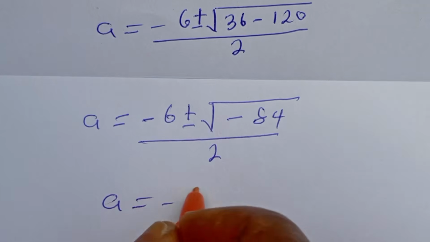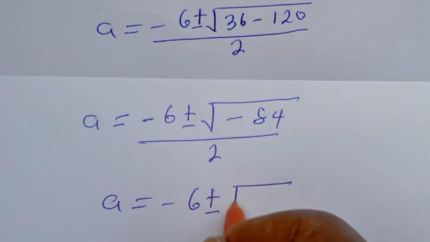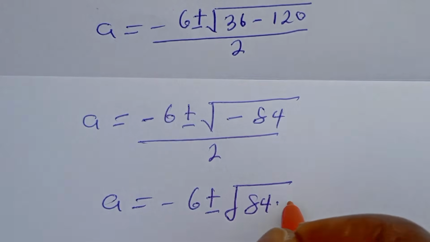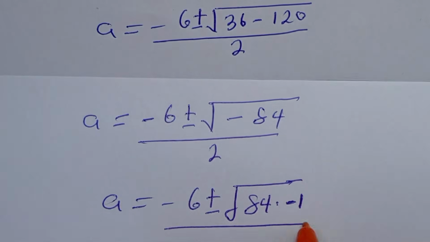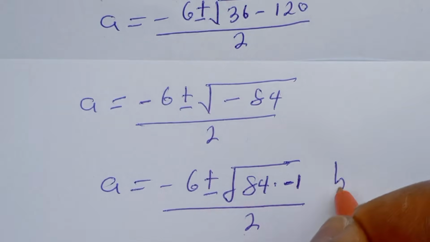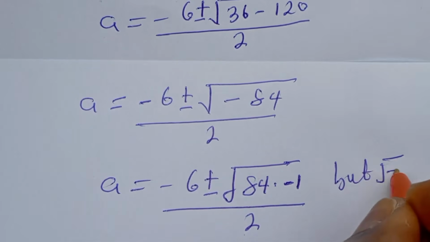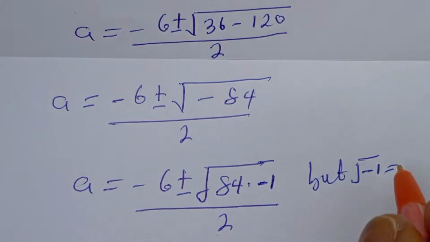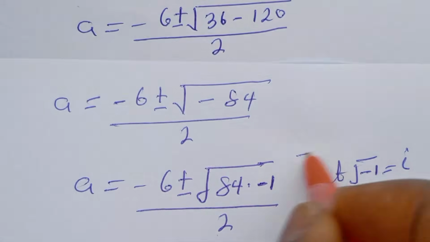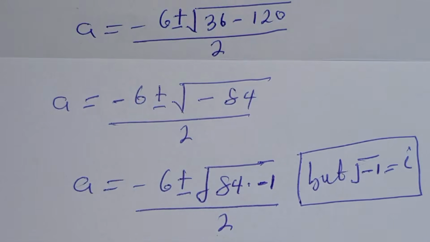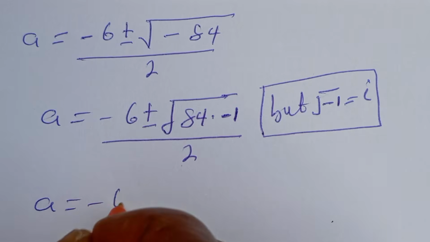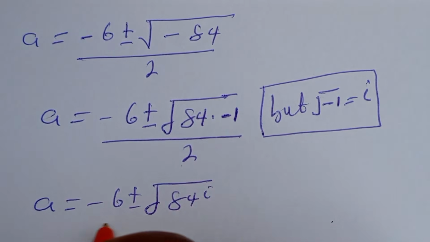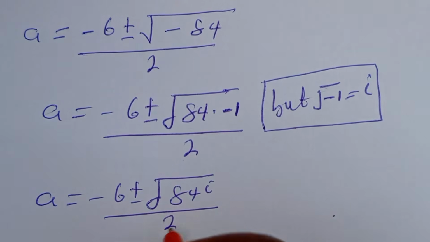a is equal to minus 6 plus or minus square root of minus 84, which is 84 multiplied by minus 1, over 2. But root of minus 1 is equal to i. Then a is equal to minus 6 plus or minus square root of 84 i over 2.